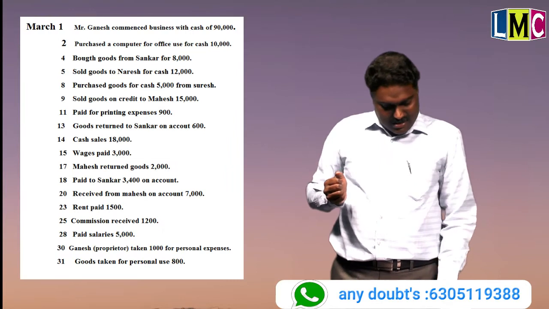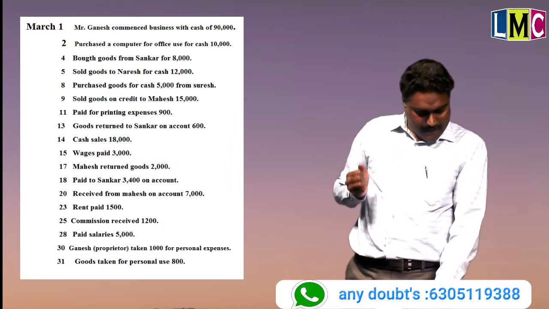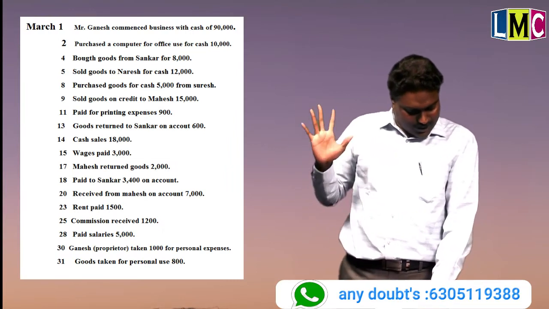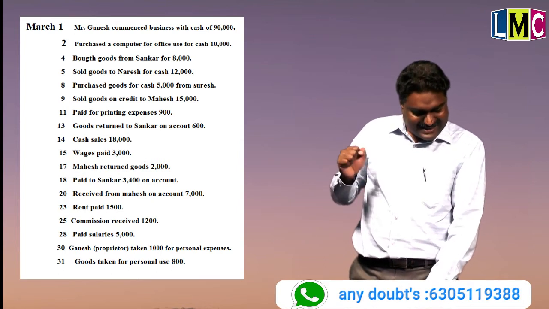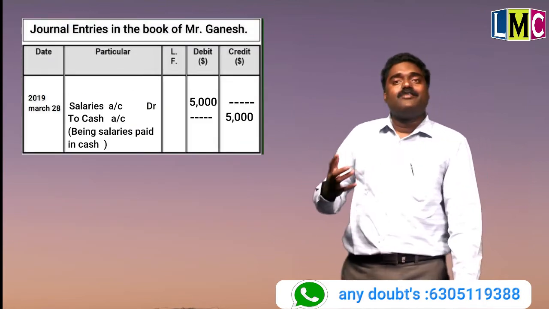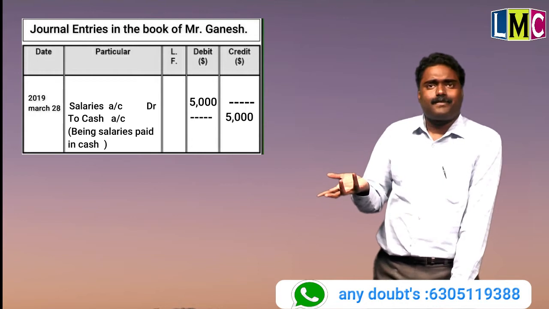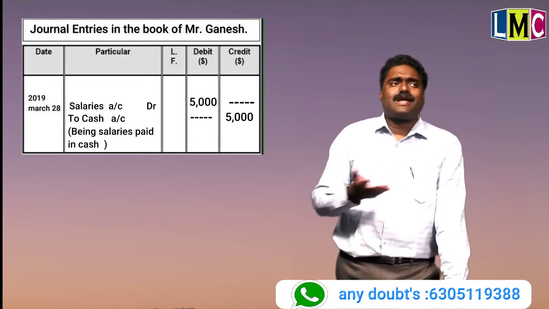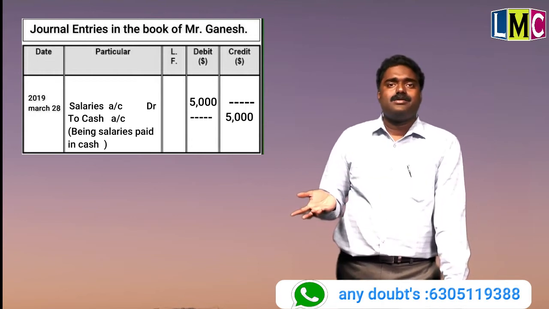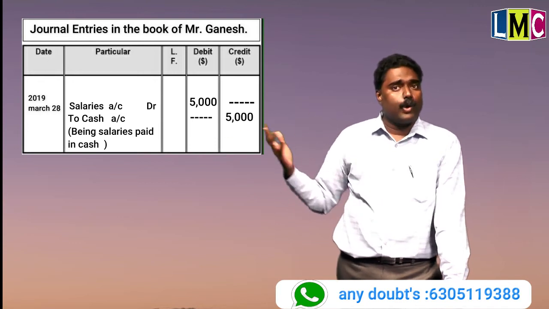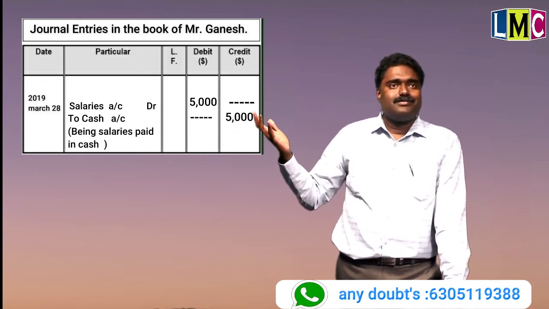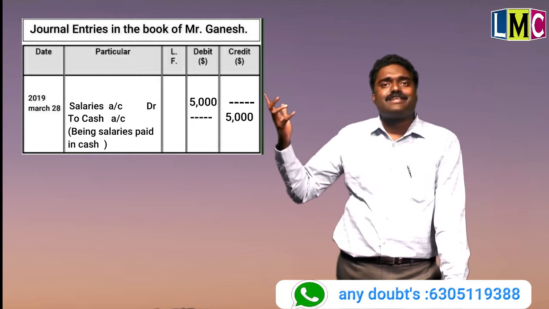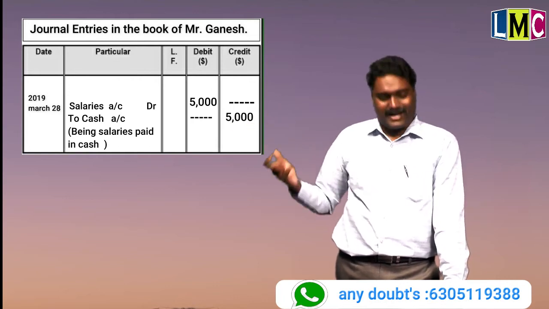Next, 28th. Paid salaries 5,000 rupees. Whenever you pay a salary, it's an expense. Salaries comes under nominal account again. So what is going out here? Cash is going out. Salaries account debtor to cash account.